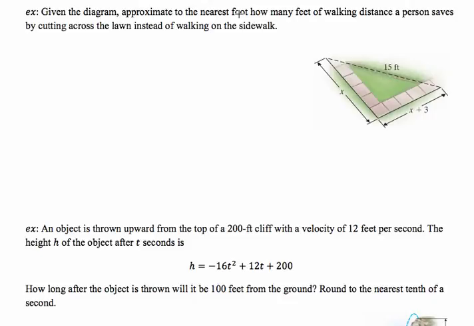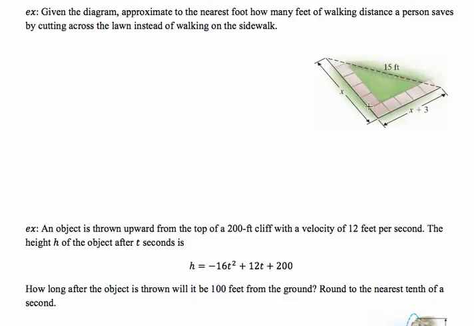But what we want to do is see how many feet of walking distance they save, okay? So let's figure out, if we know that this distance is 15 from there to there, and we know that this distance right here is 3 longer than this distance, okay? The picture's obviously not drawn to scale, but that's okay.